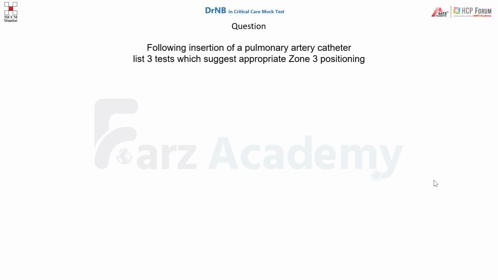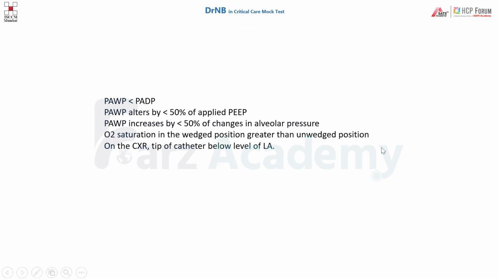Okay, in X-ray, how would you confirm? So basically, in order to confirm the presence of the pulmonary artery catheter in zone 3, the pulmonary artery wedge pressure should be less than the pulmonary artery diastolic pressure. This is very important. And pulmonary artery wedge pressure may be altered by less than 50% when you apply PEEP.